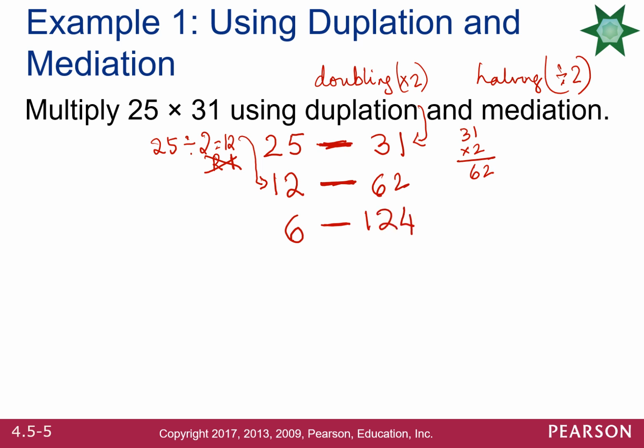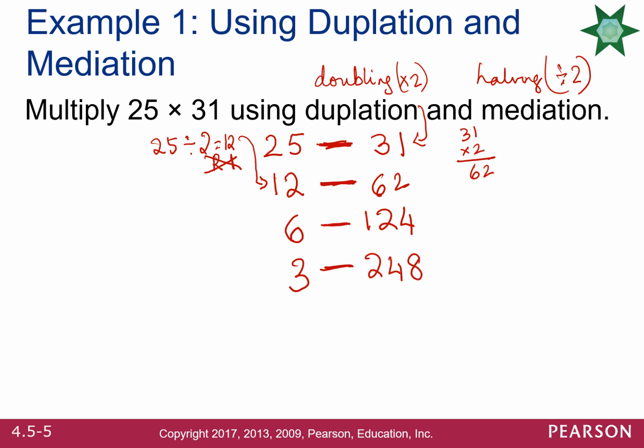And again, keep repeating the process until you end up with a 1 after halving, all right, on the left hand side. So 6 divided by 2 is a 3. I'm going to write the 3 here and then a dash. Now I have to double 124. 124 times 2 is 248. So let's write the 248.